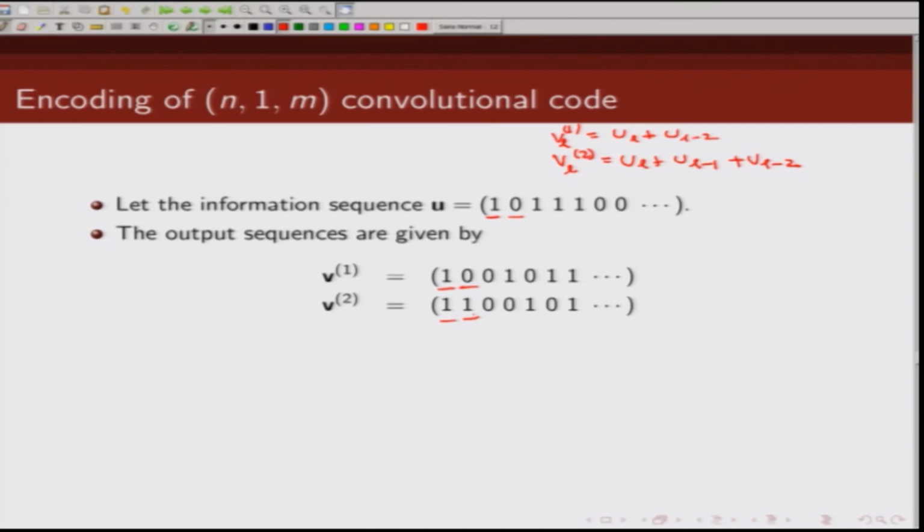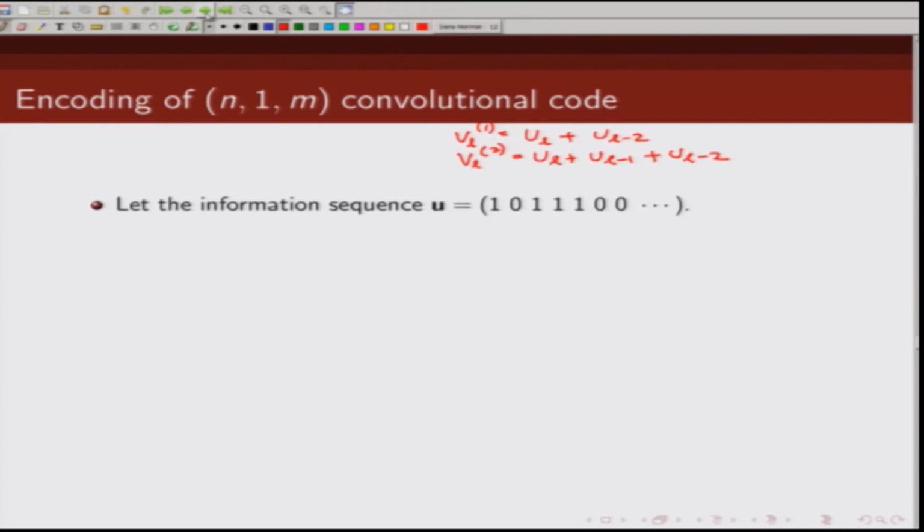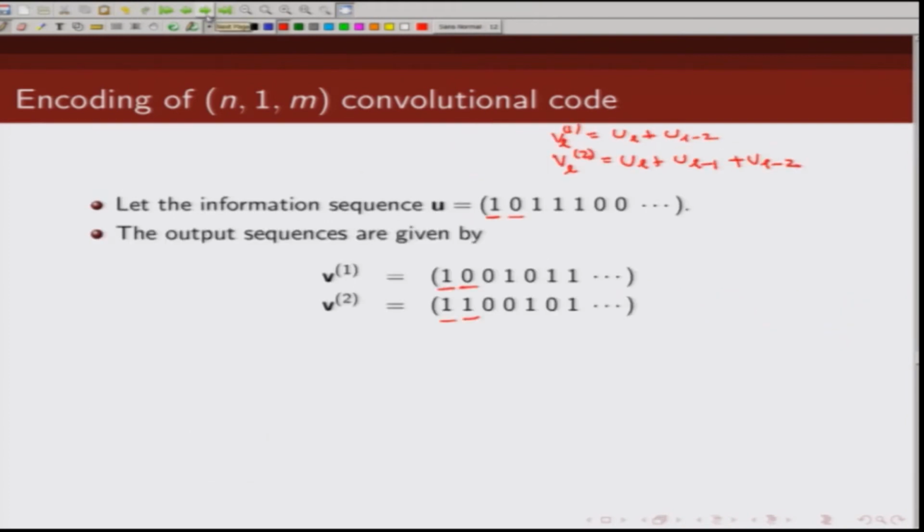Okay. Next, what happens? Again, go back to this diagram. You had an input 0 here. So, now this 0 will move here and you had a 1 here, so this 1 will move here. So, the new contents of the shift register will be 0 and 1. If that happens, then the next input is 1.